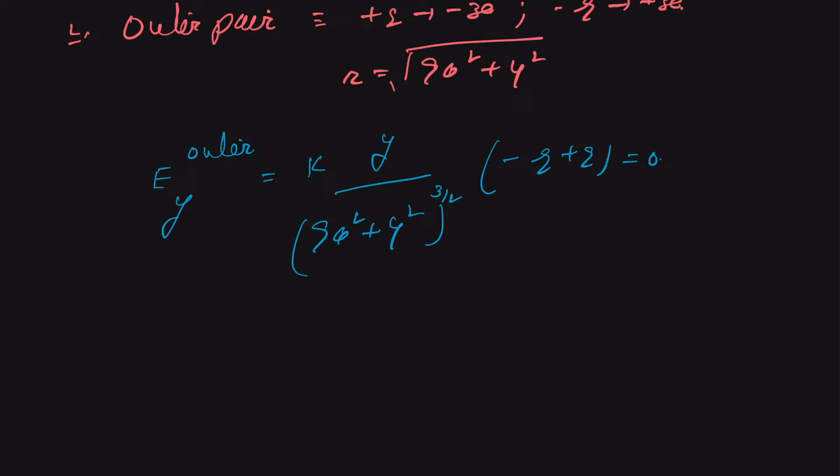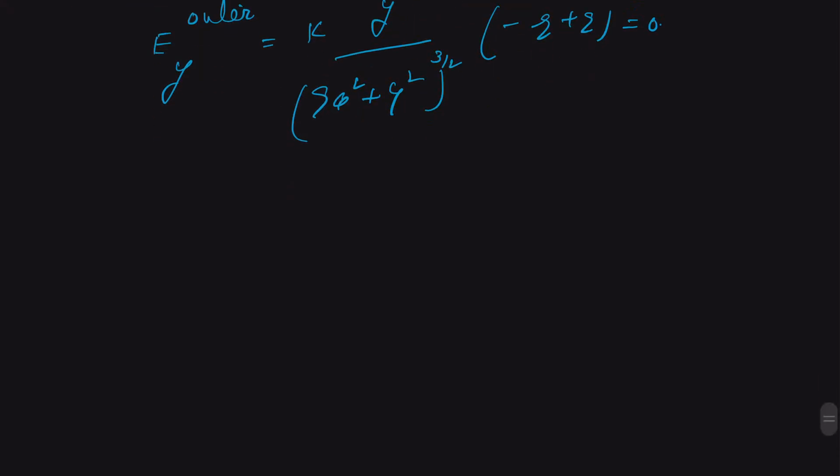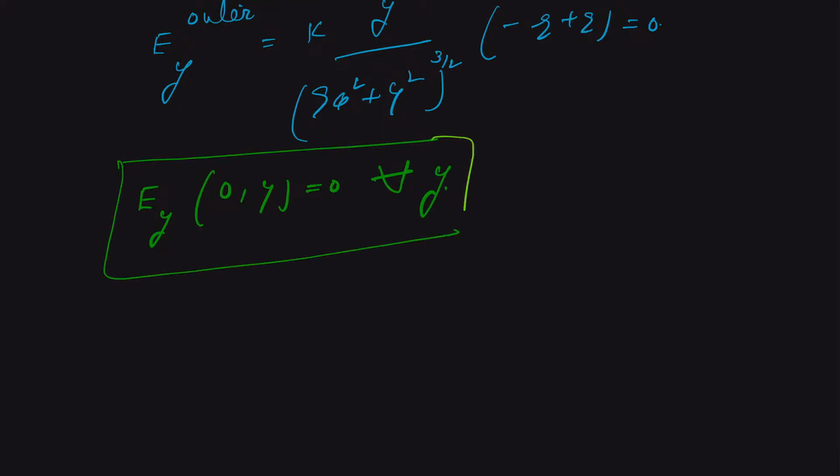So the total vertical field at position (0, y) is equal to 0, and this will be true for all values of y. So it means basically vertical balance, and that was true also.